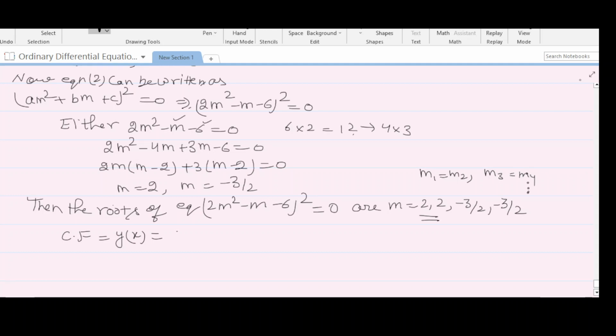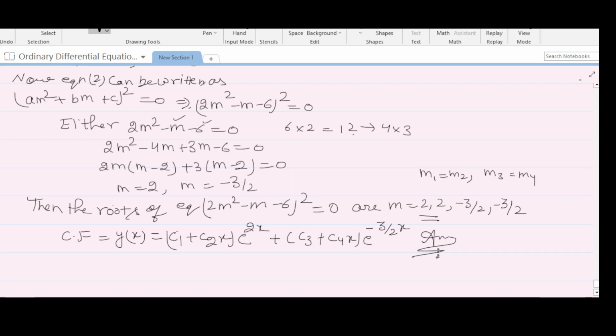In that case, when roots are repeated, your complementary function will be (c1 + c2x) e^(m1 x), that is e^(2x), and next will be (c3 + c4x) e^(m3 x), that is e^(−3x/2), and this is our required answer.